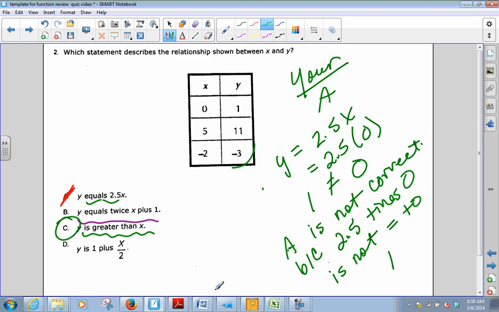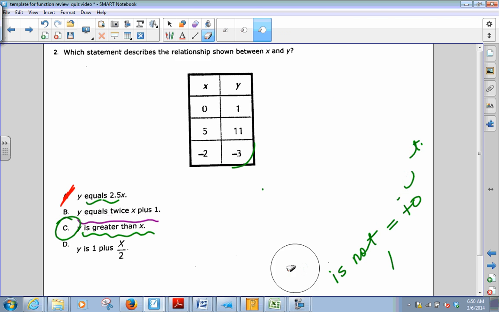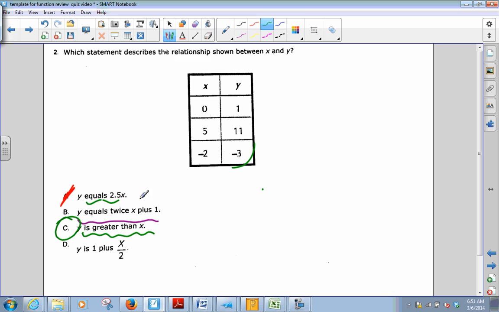So now that I've done the first two and shown you an example of what it is I expect, another thing you could do for number 2 is, instead of saying why your answer is wrong, almost forgot about this, you can also say why the correct answer is right. Okay, so y equals twice x plus 1.